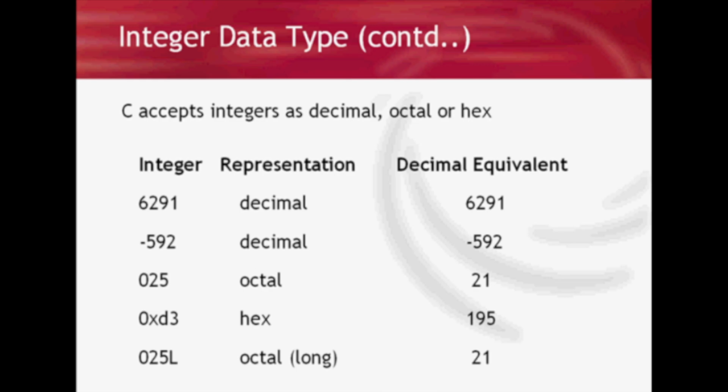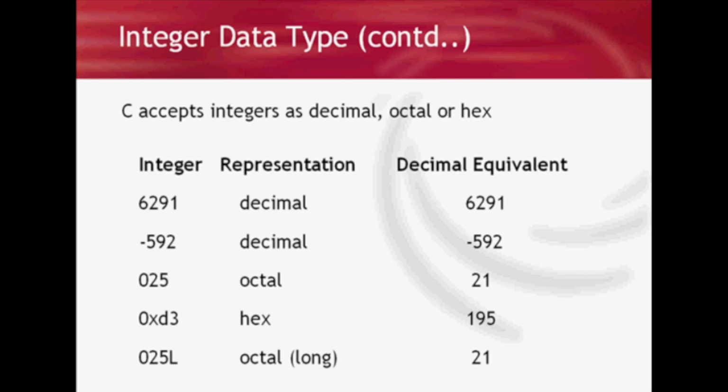Say for example 025 is treated as an octal number and its decimal equivalent is 21. Any number that is prefixed with a 0 followed by an x is a hexadecimal representation. For example, 0xd3 is a hexadecimal number and its decimal equivalent is 195.